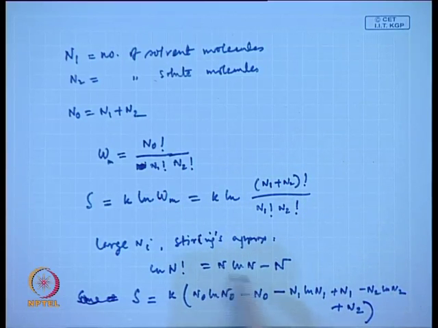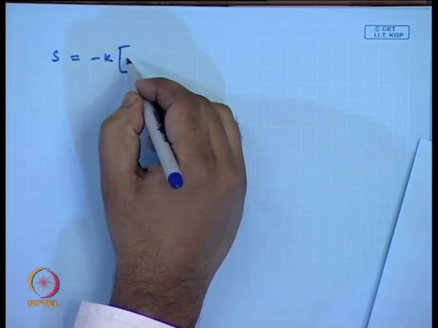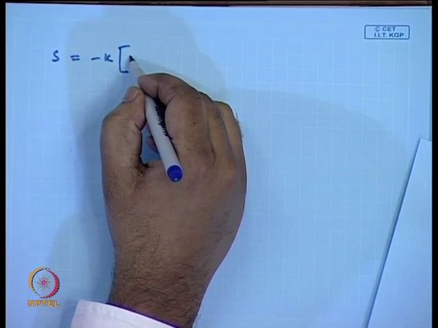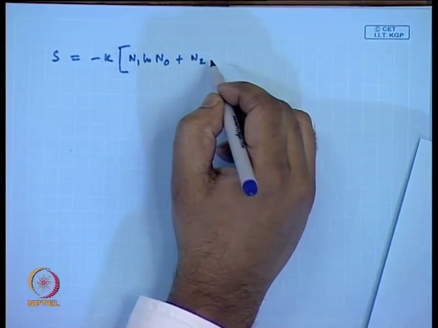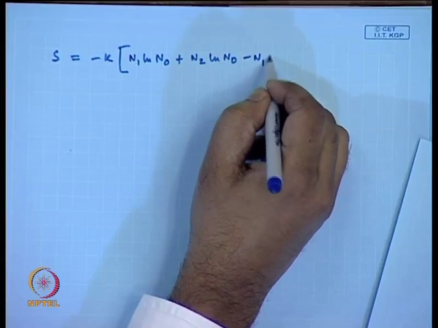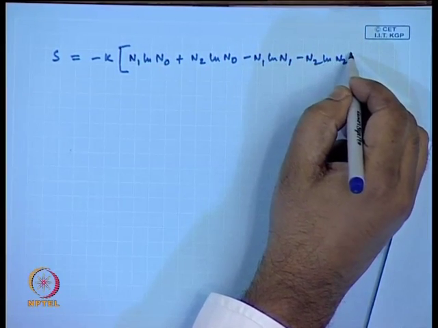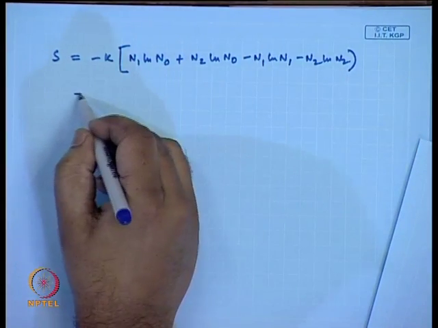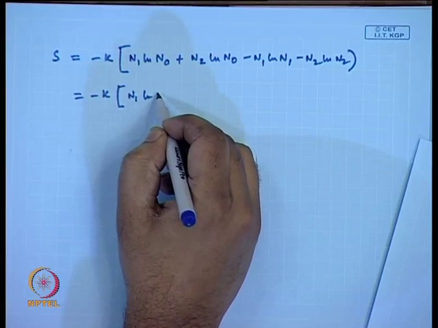So, you can just use this Stirling approximation and you get this expression. Now, if I continue further simplification, you will get this. K is the Boltzmann constant, as you know previously.